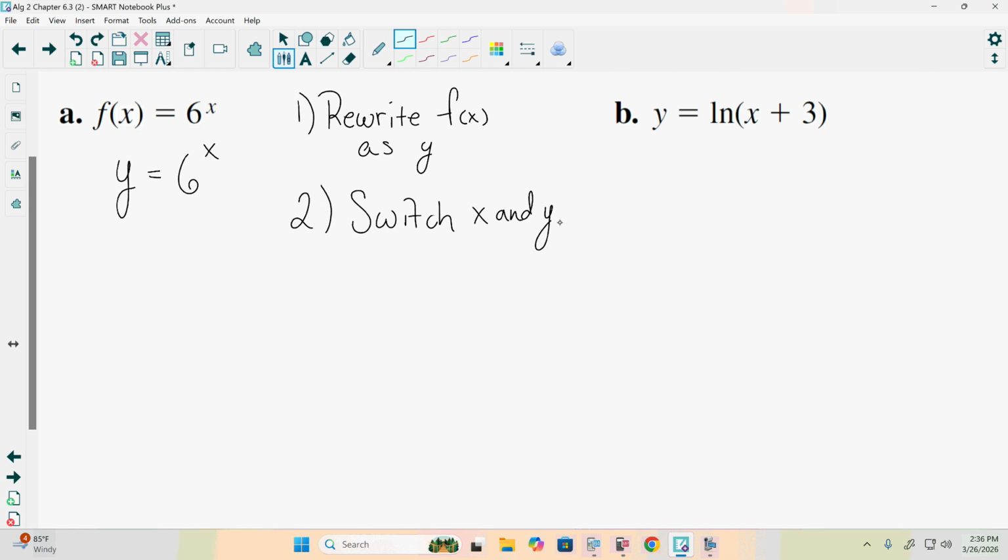An inverse function is going to take that y value and map it back to the x that it started with. It's undoing it. It's going back. It's switching the domain and range. So here, y is going to become x. We're still going to have the equals. We're still going to have the 6, but instead of to the y, x powers now to the y.